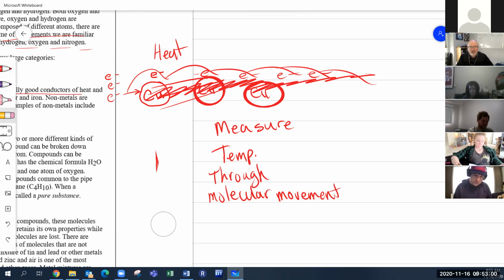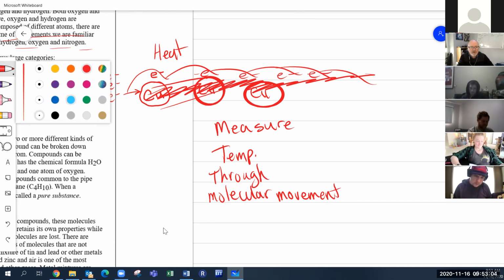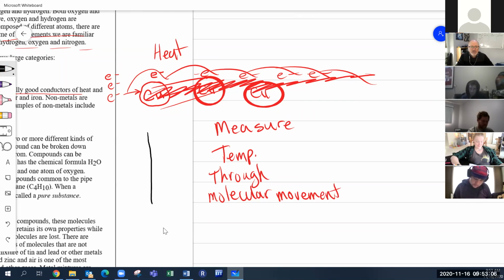If I had a thermometer, like a mercury bulb thermometer, and it looks something like this, and it has a bulb on the bottom, and it was filled with mercury, right? As that mercury starts to get warmer, the molecules start to expand and they will start to move upwards in the tube.